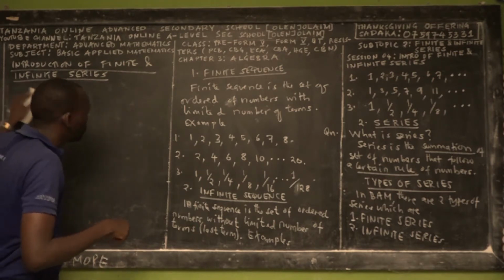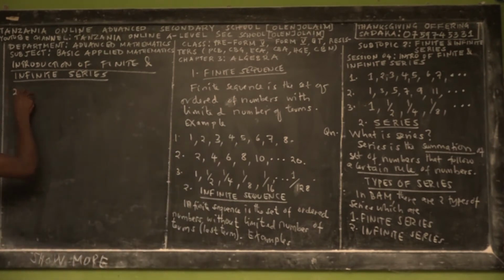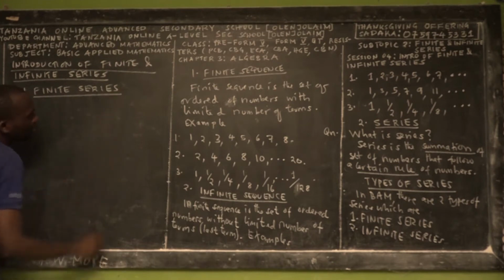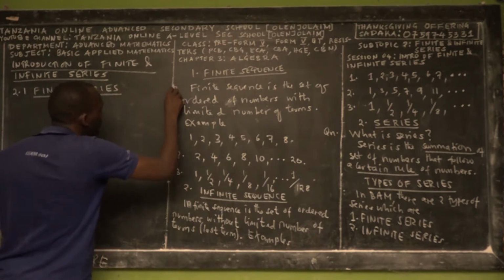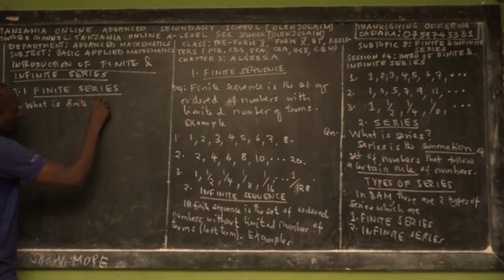So we say this is 2.1, finite series. So what is finite series? So remember, this is the definition.